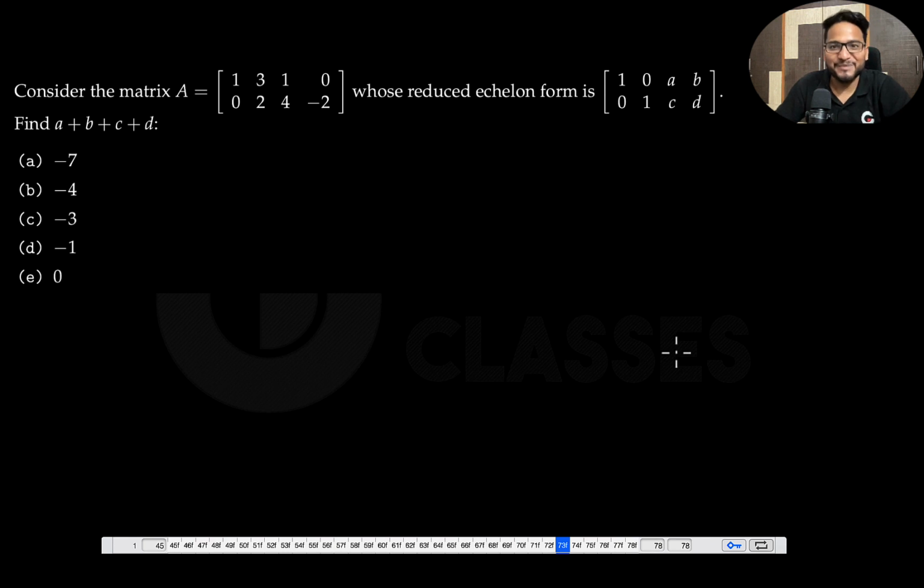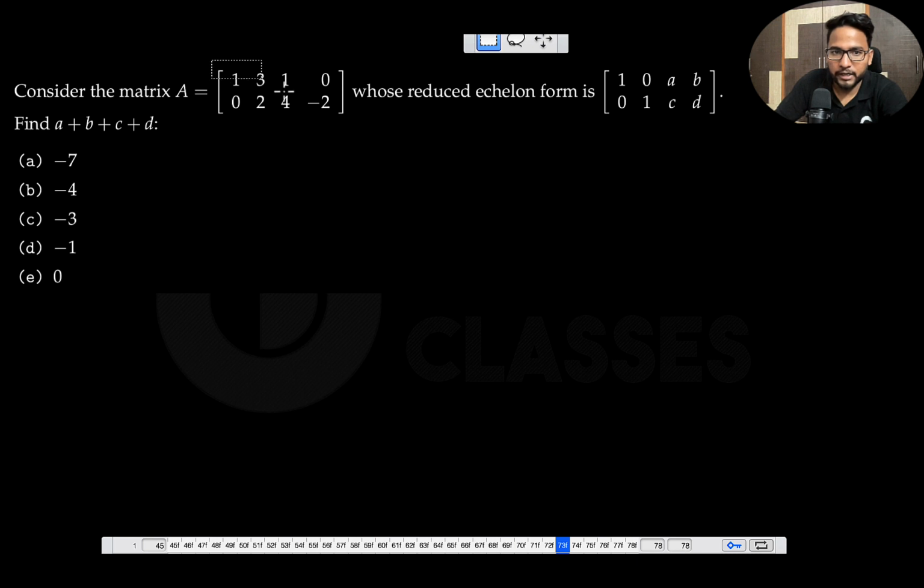I really like this question. When I was putting this question in the slide, I was thrilled that this question is very, very nice. What they're saying is consider matrix A, and they have given the reduced form also. Now they are asking for the value of A plus B plus C plus D. How can you approach this question? Just think about it. See what they have given you.